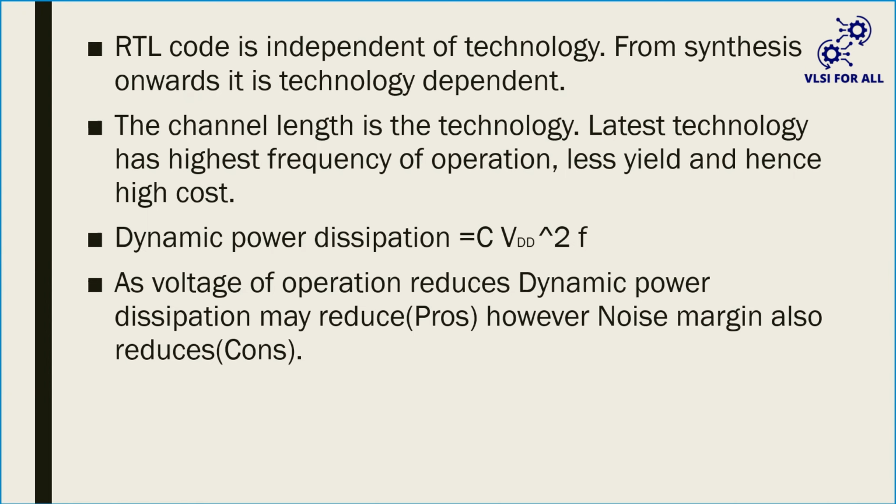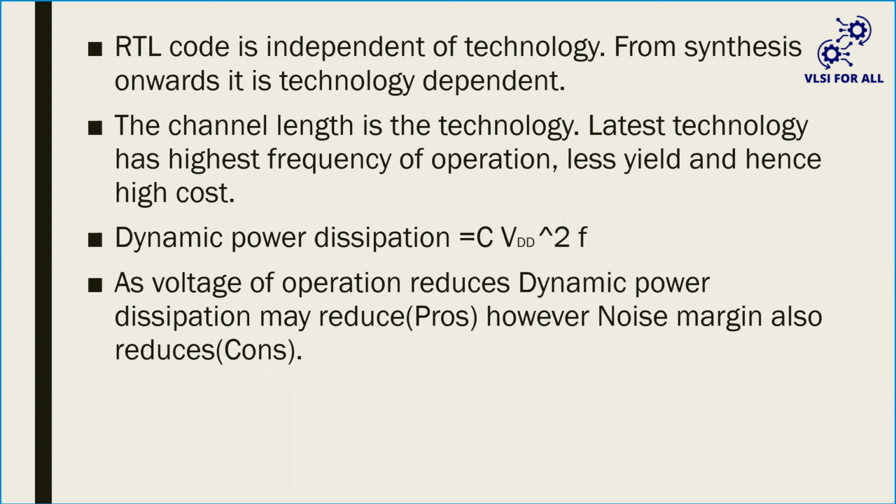It is the ability of a particular device, even though noise is included, to keep the output unaffected: whether logic 1 becomes logic 0 because of noise, or logic 0 becomes logic 1. If that doesn't happen, then it has a good noise margin. So I can say it is about whether the output is resistive to noise or not.